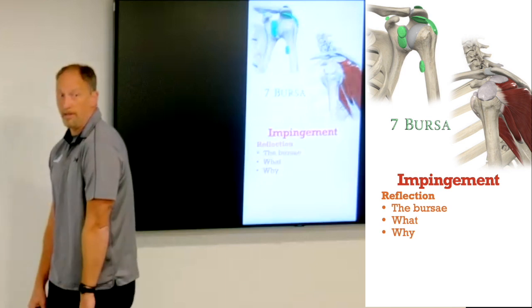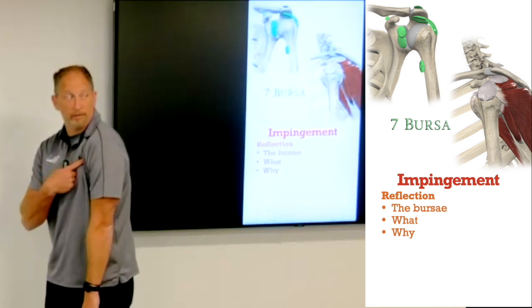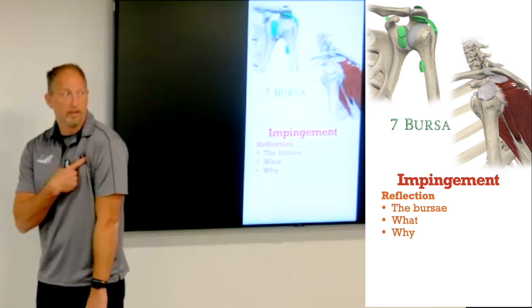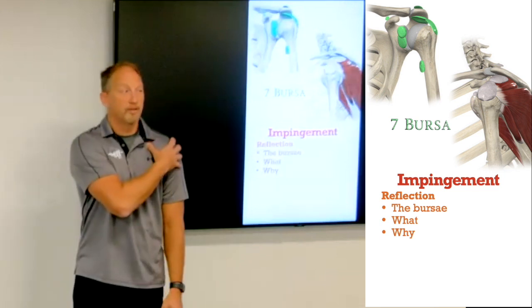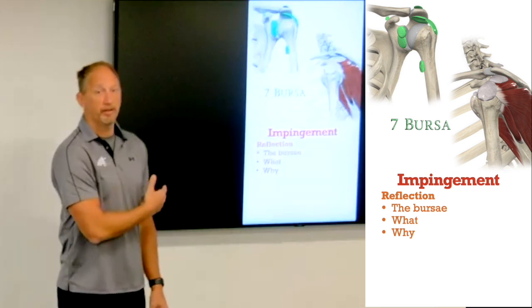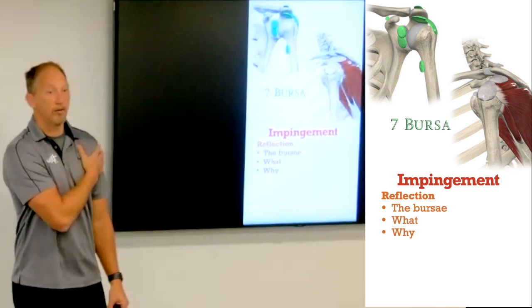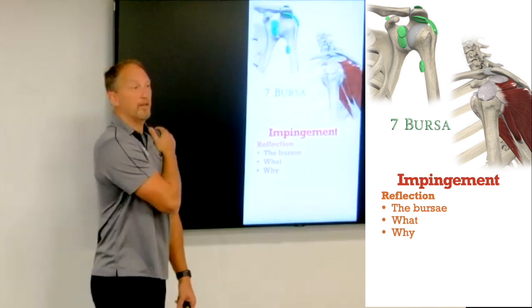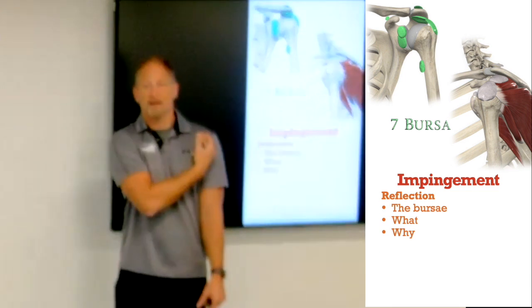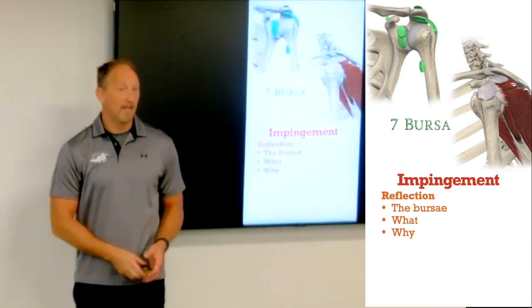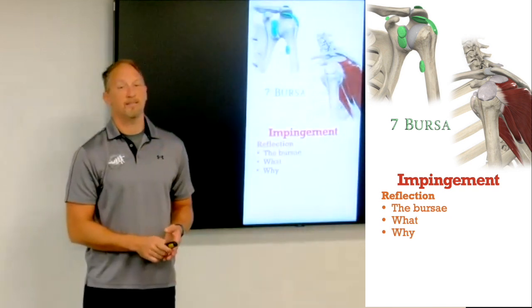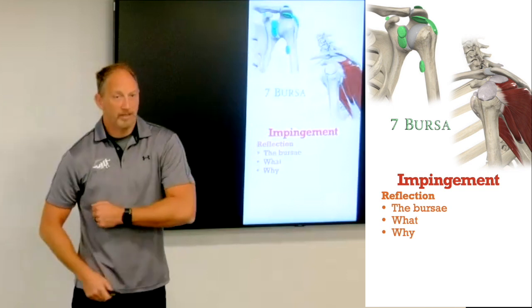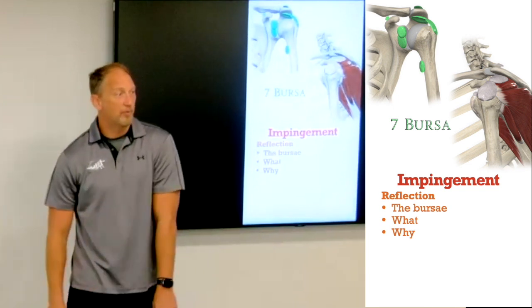If I straighten my arm out, what do I have? A rounded shoulder. So I have a shoulder that just had labral repair, Bankart repair, rotator cuff repair, a biceps tenodesis, just had this significant surgery, and they put me in a sling that puts me here. I'm creating impingement.